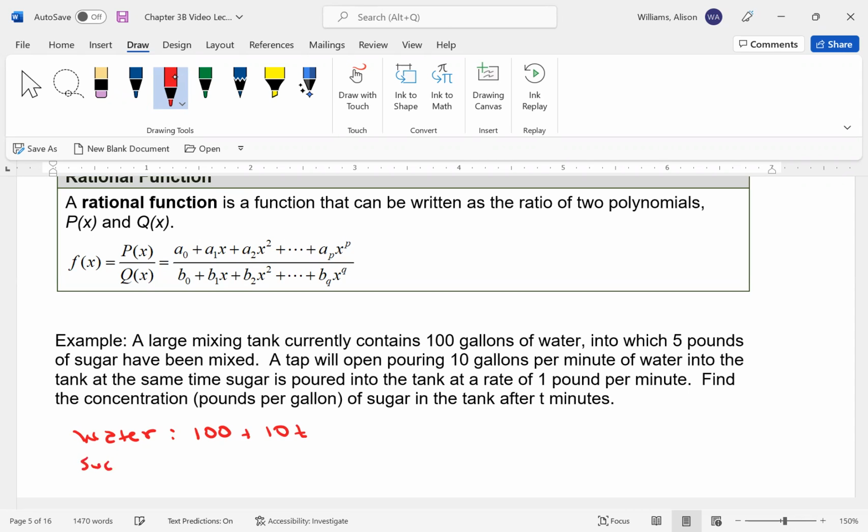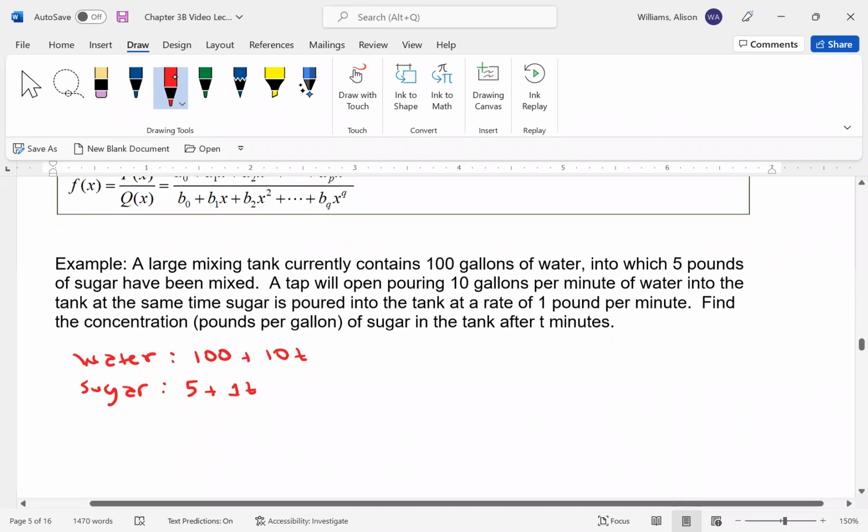The sugar is starting off with 5 pounds of sugar already in it. And then they're going to add 1 pound per minute. So again, 1 times T. Of course, I don't have to put the 1 there. It could just be T. So here's the concentration then. The concentration of pounds per gallon.